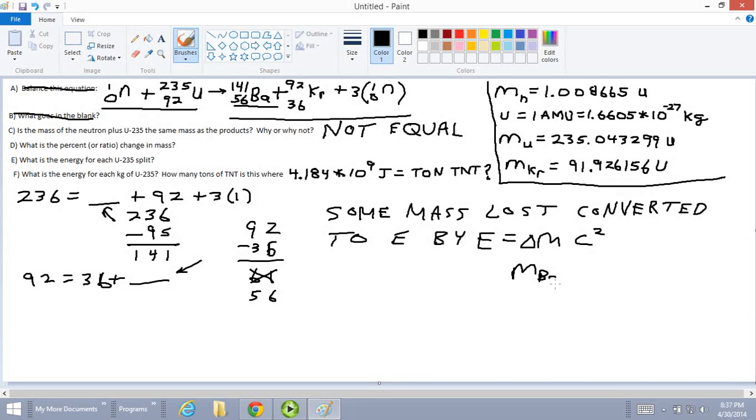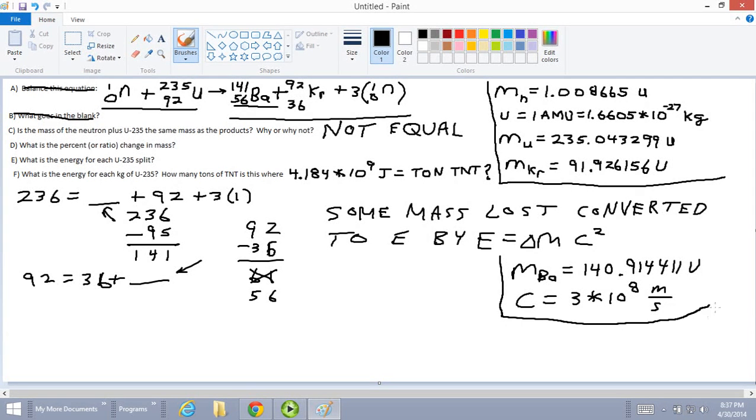The mass of the barium isotope 141 is 140.914411 atomic mass units. And the speed of light, we will need that also. To 3 sig figs accuracy, it is 3 times 10 to the 8th meters per second. So a couple of facts that we will need in a few minutes.